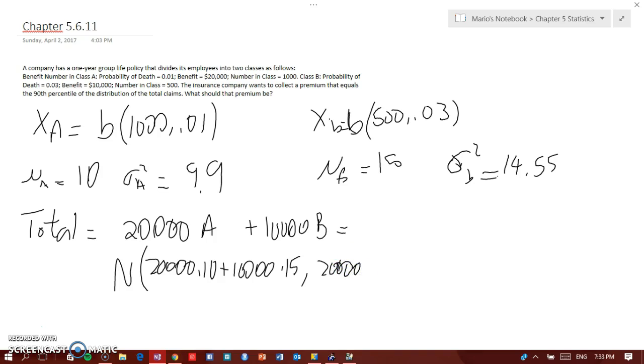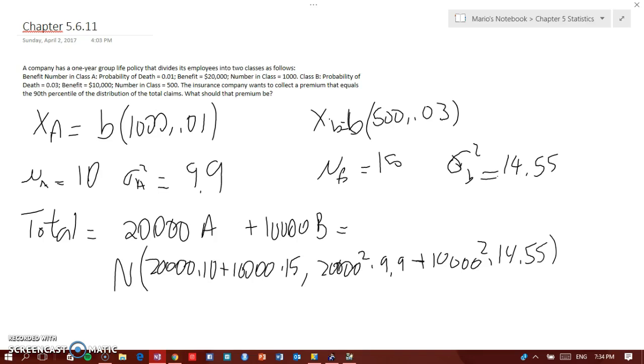And the variance would be 20,000 squared times 9.9, plus 10,000 squared times 14.55. Now why I square it is because when you get to doing the variance of aX, that will be equal to a squared times the variance of X. So that's why we have to square it.